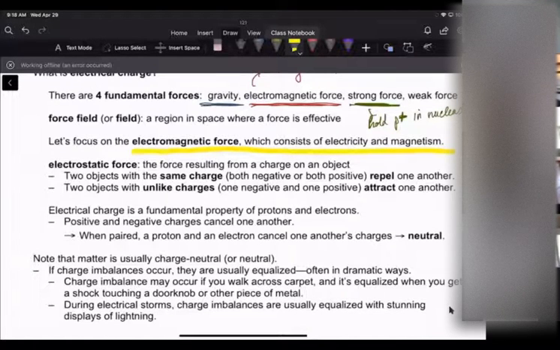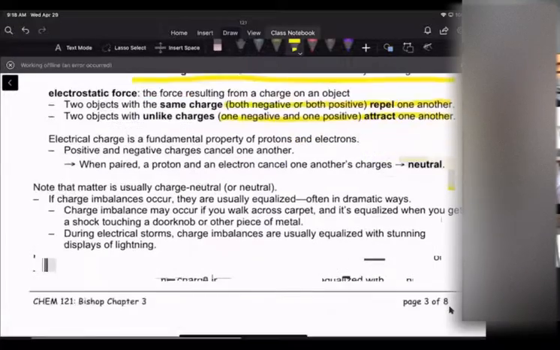So we're going to be looking basically at the same charges repelling each other and opposite charges attracting each other. Now, if we add up the total number of protons and the total number of electrons, they'll add up to be 0, so that in that atom, it has no charge overall. So we're going to be working with neutral atoms first.